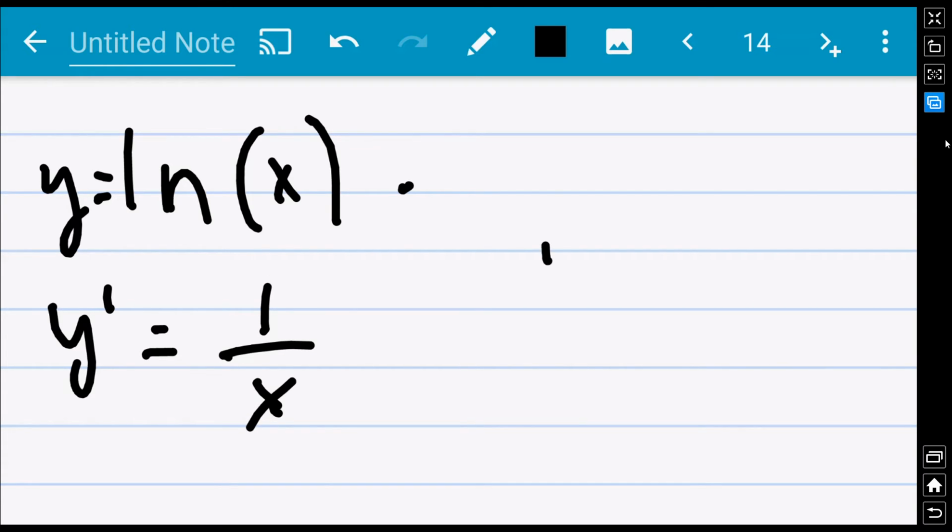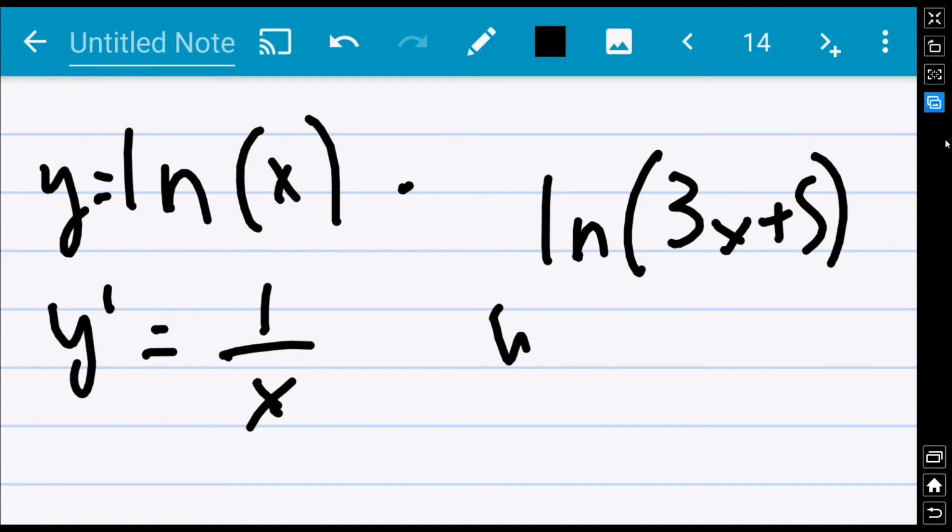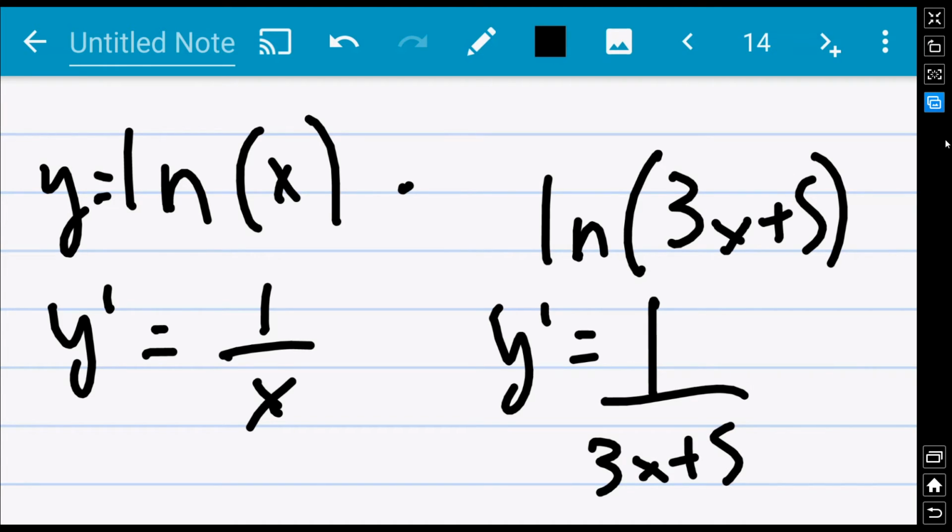So let's say we have ln of 3x plus 5. Then y prime equals 1 over 3x plus 5. These are simple ones. Then you can multiply it by, let's say, 5. So here you're going to have 5. Maybe also a negative, like that.